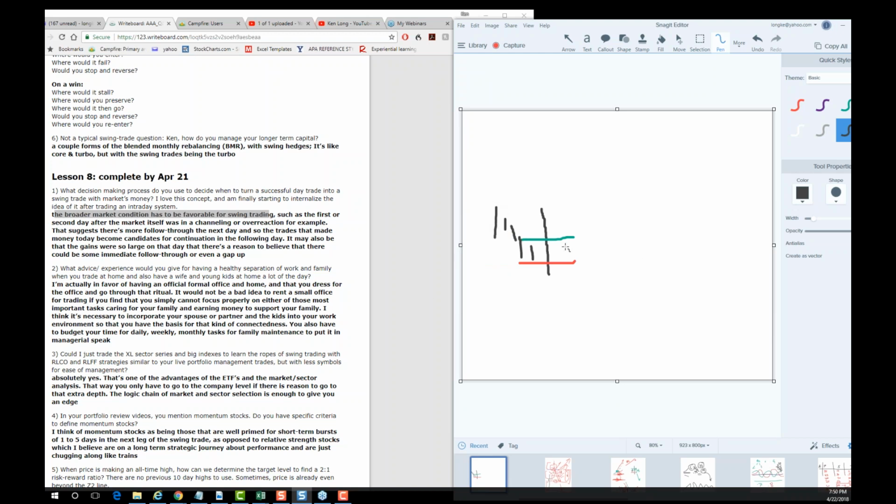Now, if that's what the market itself was, MKT, market. And now the market did this. It took off a little bit and started to go. On just a 5DD basis, we'd be entitled to believe that the market over the next 1, 2, 3, 4, 5 days has a chance to do this.